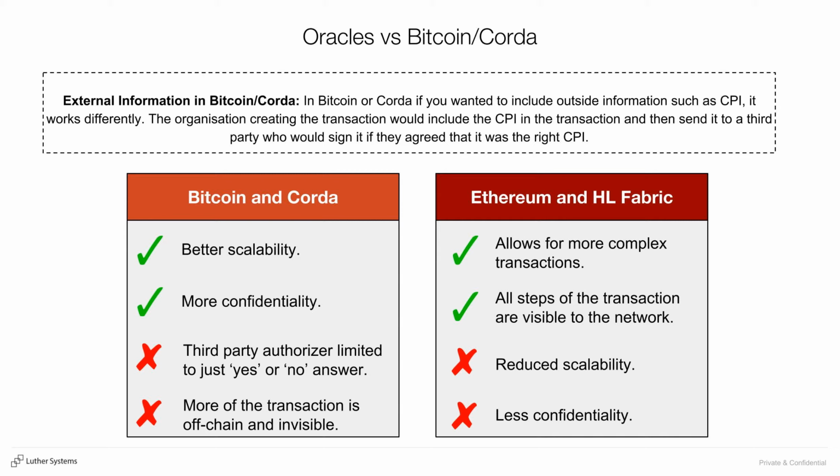So instead of the third party directly providing the data to a smart contract, now the third party is receiving a request, and if the third party believes the request is valid, it has the correct CPI, and is maybe doing the payout correctly according to that CPI, then the third party will sign that transaction, and then the transaction would be broadcast across the network, and the other participants would see, okay, yeah, the third party who's responsible for validating the CPI agrees that this is the right CPI.